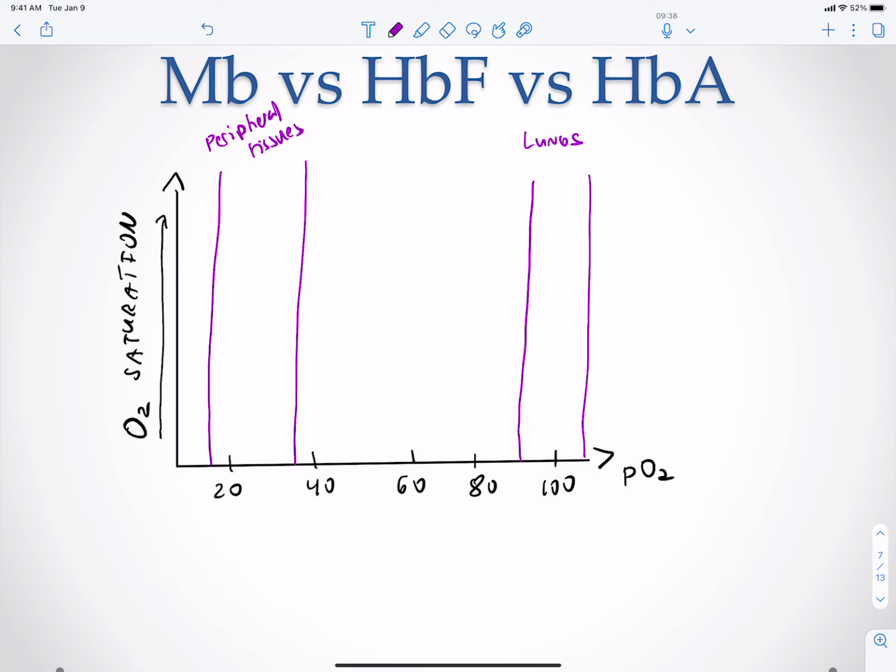Now remember, your hemoglobin does not want to get saturated in the tissues because it only wants to pick up oxygen when it's in the lungs if it's going to transport the oxygen to the tissues. Now, myoglobin is unique in that it wants to release the oxygen and bind to the oxygen as a storage molecule within tissues. And so our myoglobin will have the fastest saturation.